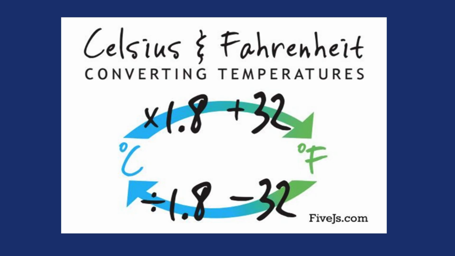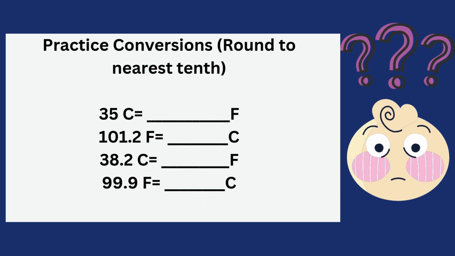I'll try to use a lot of visuals in my PowerPoints and presentations and practice problems, so you have a chance to understand this. So let's look at some practice conversions, and we're going to round these to the nearest tenth. First one, 35 degrees Celsius, and I am going to find Fahrenheit.